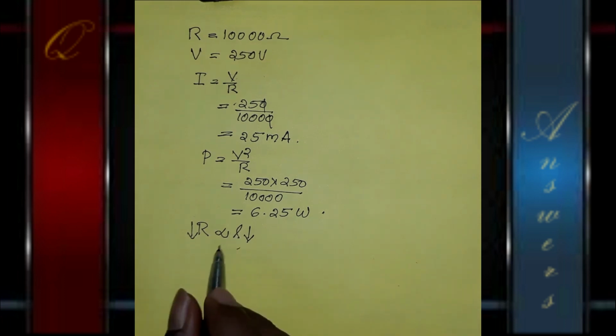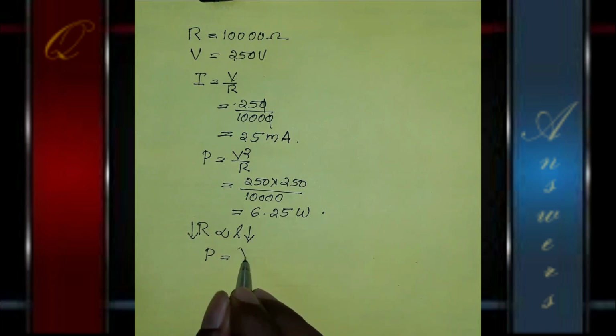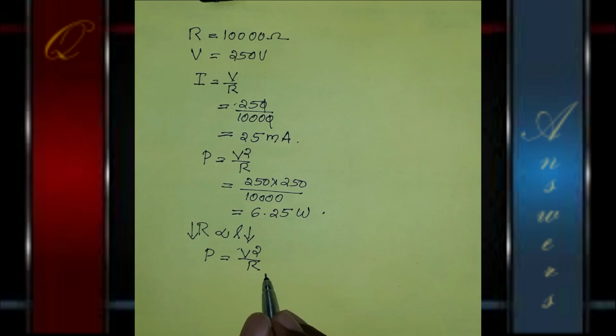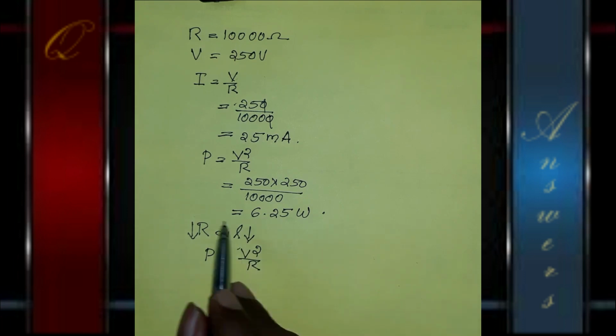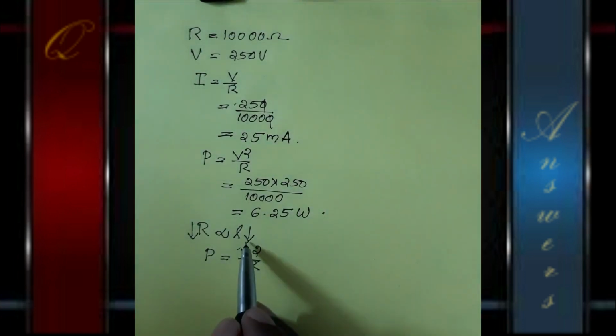So how can you find out the power? Power of the device will be equal to V square divided by R. This is the equation for power. After decreasing the resistance, you are connecting this device to the same voltage.